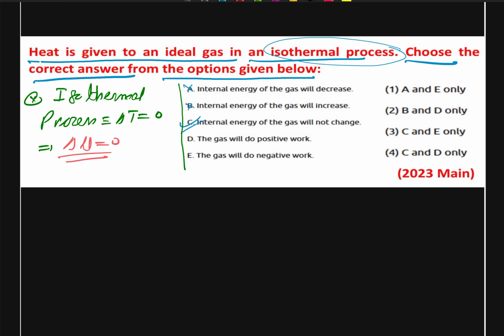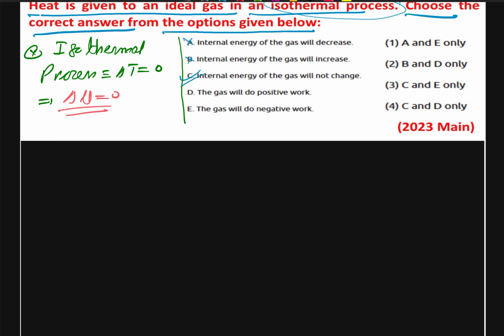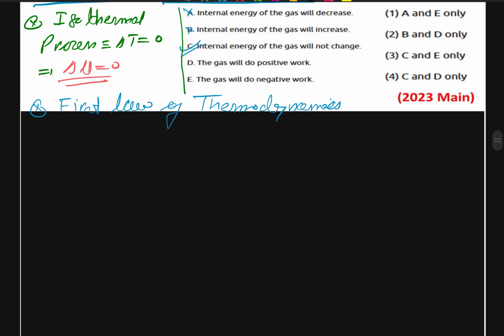Now we can use the first law of thermodynamics, which gives us that Q is equal to delta U plus W. Delta U is 0, so we get Q is equal to W.